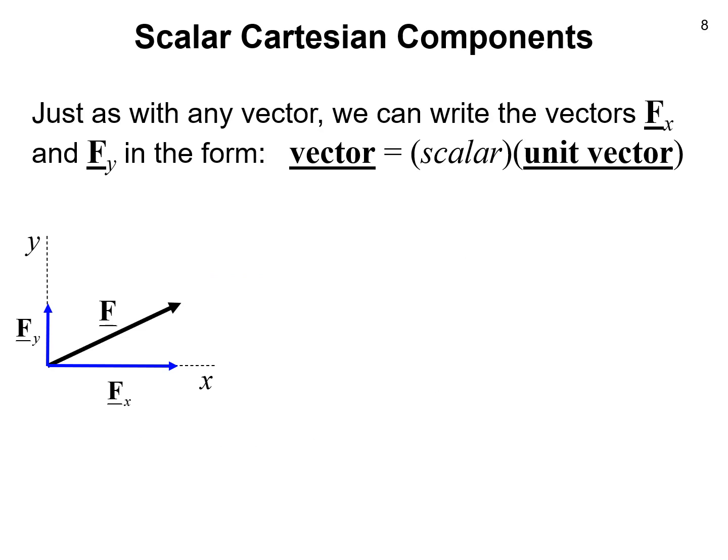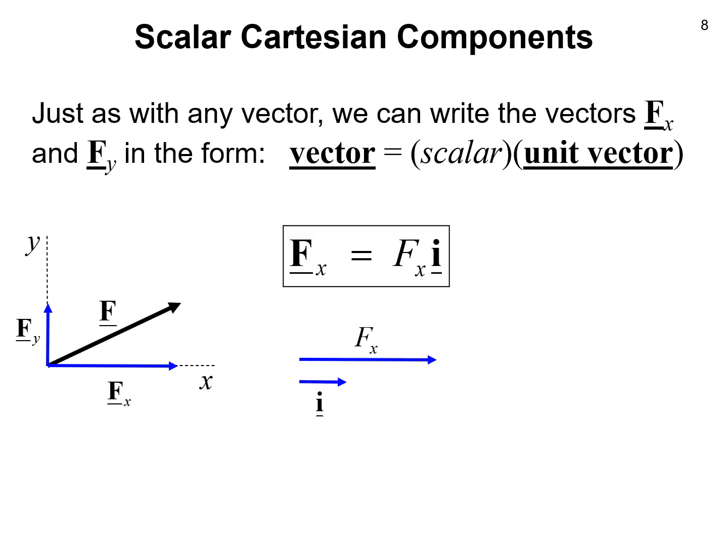Just as with any vector, we can write the vectors fx and fy in the form vector equals scalar times unit vector. So for example, the fx vector, meaning the x component, is the fx scalar times the i direction, which symbolically is written like this.